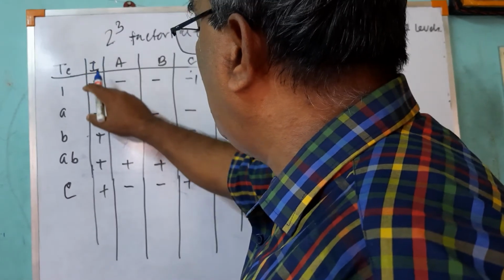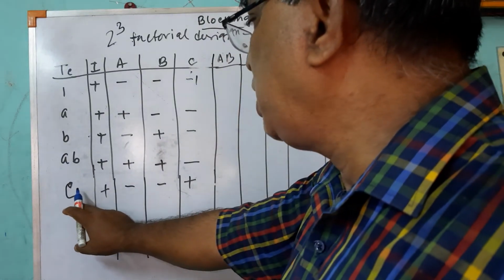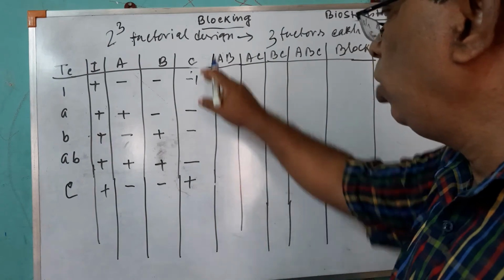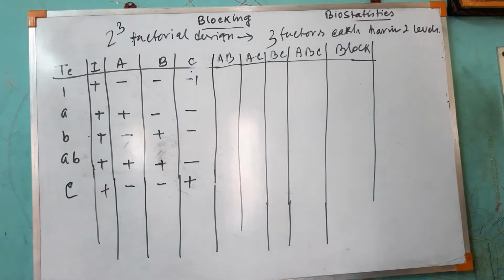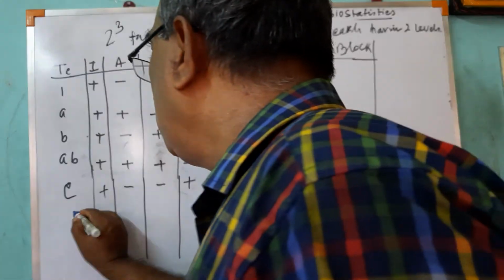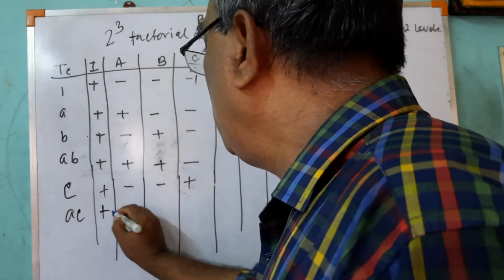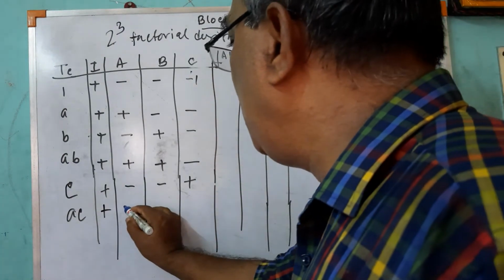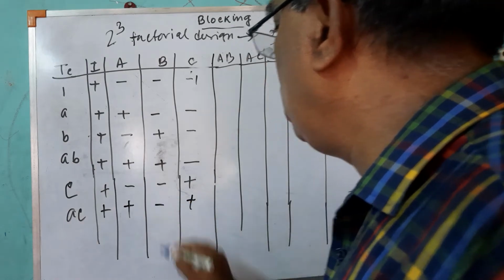But here I means identity, all are positive. Try to understand. Here I am writing C, so only C at higher level and A and B are at lower level. Then comes AC. For AC, A is at higher level, C at higher level, and B at lower level.